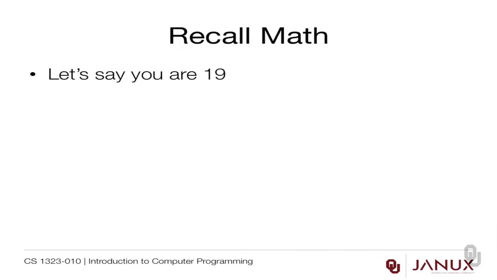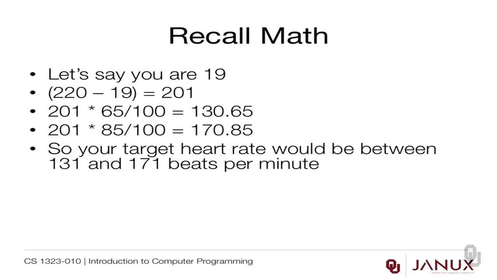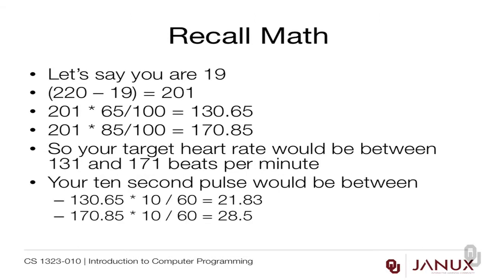Let's recall the math. Let's say you're 19. 220 minus 19 is 201. 201 times 65 divided by 100 is 130.65. 201 times 85 divided by 100 is 170.85. So your target heart rate would be between 131 and 171 beats per minute.